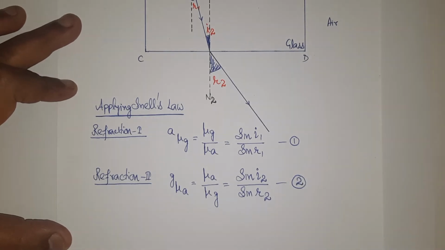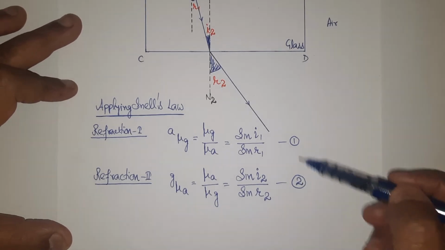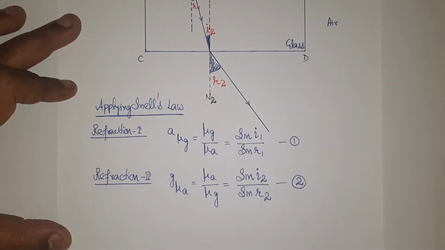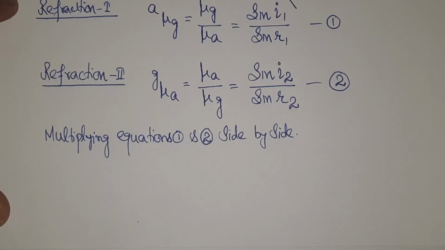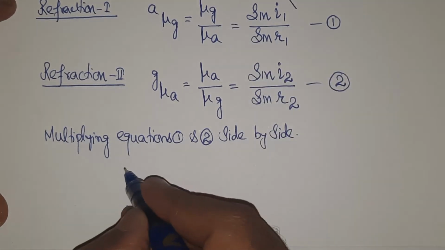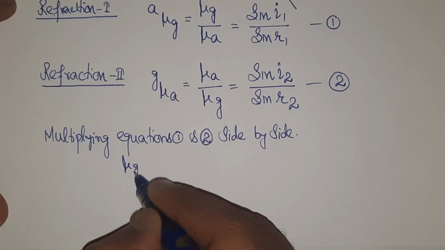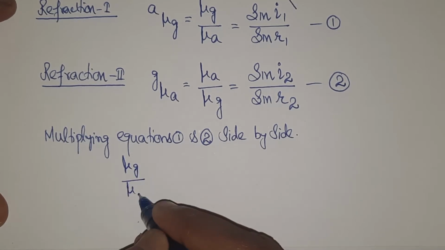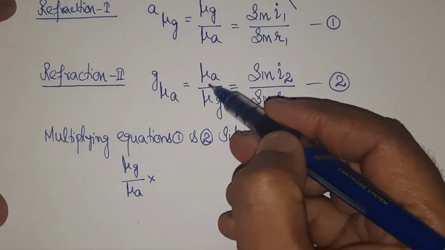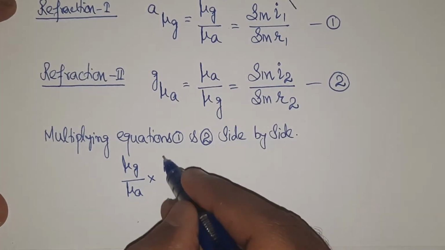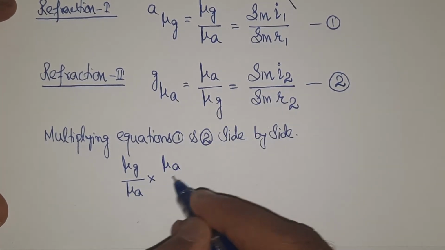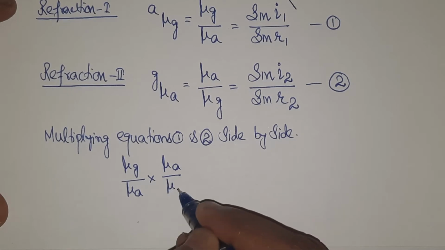Now multiplying these both equations side by side. Multiplying equations 1 and 2 side by side: mu G over mu A multiplied by mu A over mu G, the second equation. Same sides we are multiplying basically.